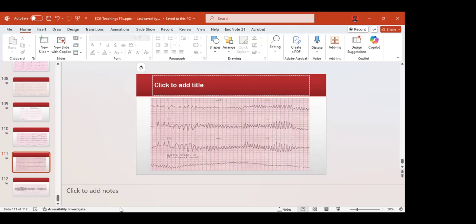The examiners will have looked at it and decided that for a candidate to score the mark, you should pick this problem. So it may not be every problem, but there are problems that you must pick. I would say just report the abnormalities you can see, because you don't know which one will give you the mark. But tie it to your clinical history, not looking at the ECG in isolation.